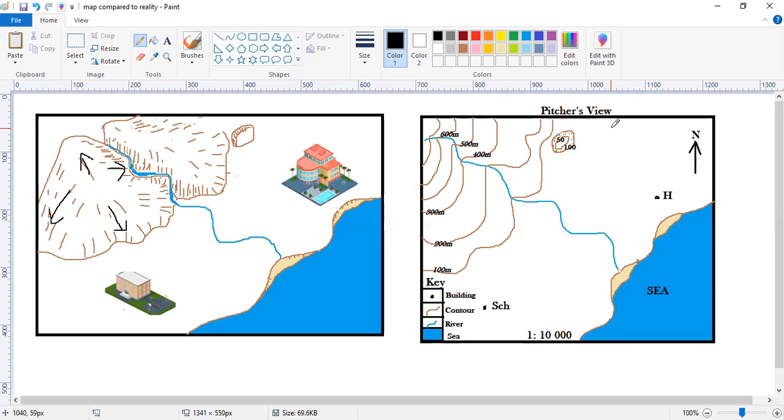The title will vary from one type of map to another. For a topographic map, the title is usually the name of the place. For thematic maps, it is usually the type of theme being shown, whether it's a rainfall map, an economic map, a physical map, etc.